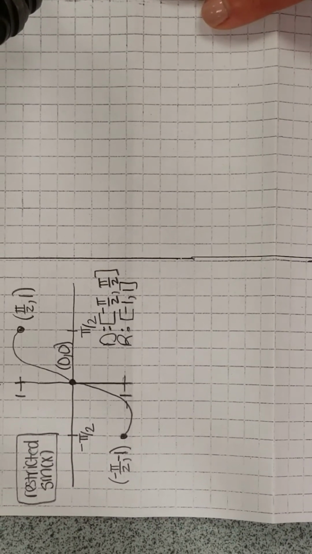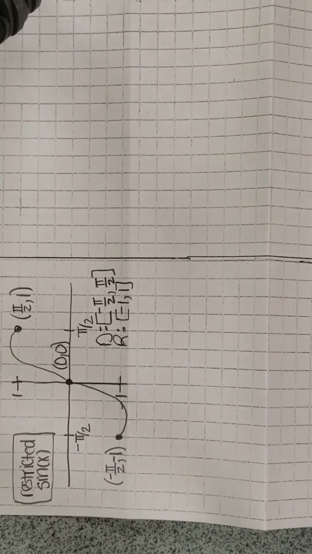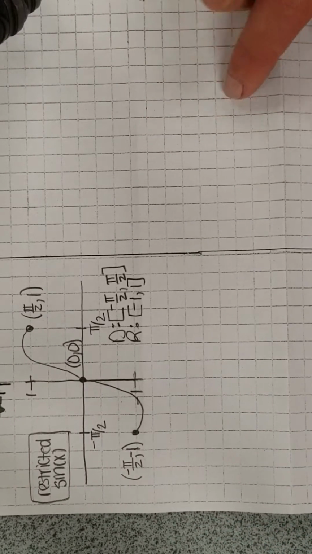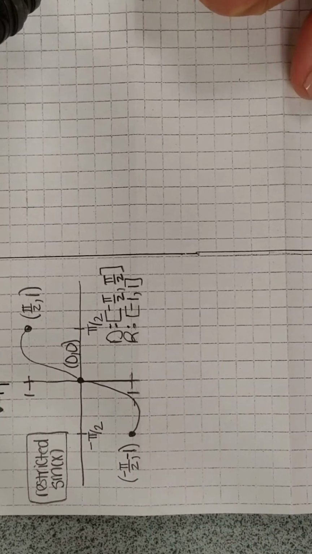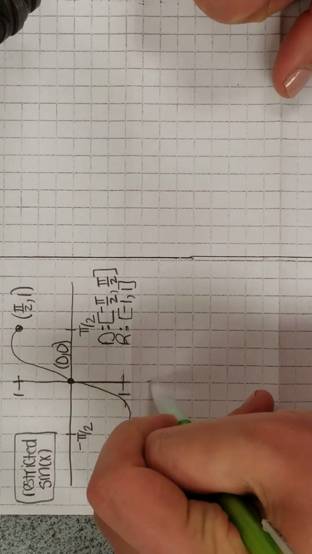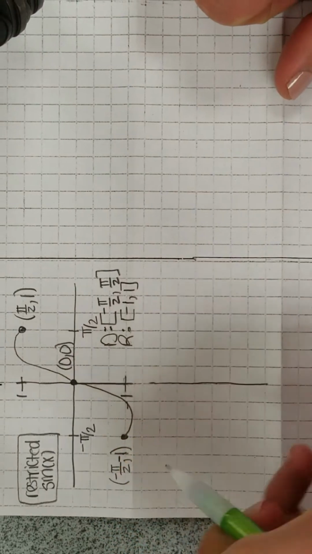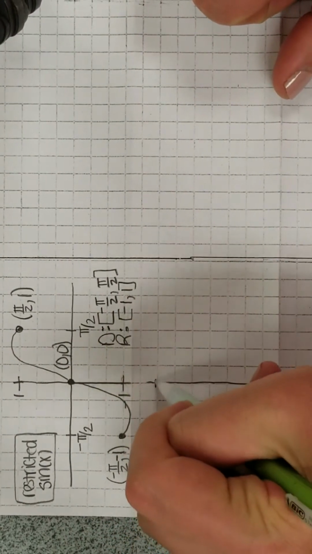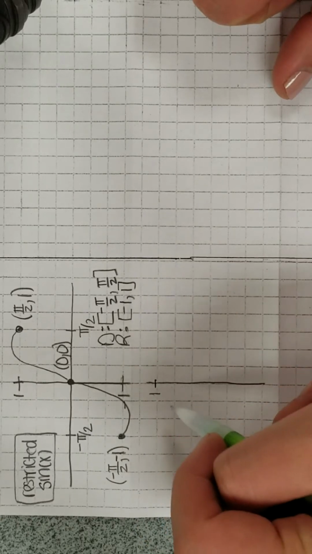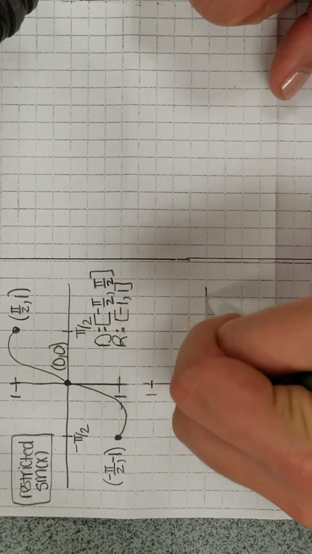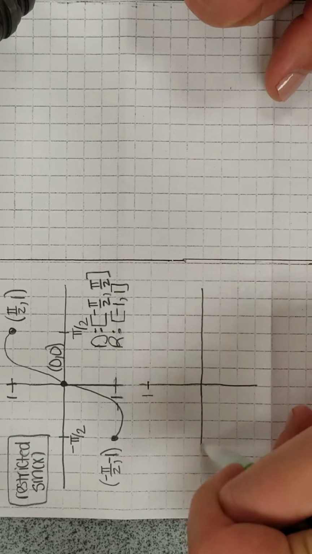So in this next box, I'm going to see what this is going to look like. To be able to see that though, let's actually sketch what we just did. So I'm literally going to sketch the exact same graph that we just did.